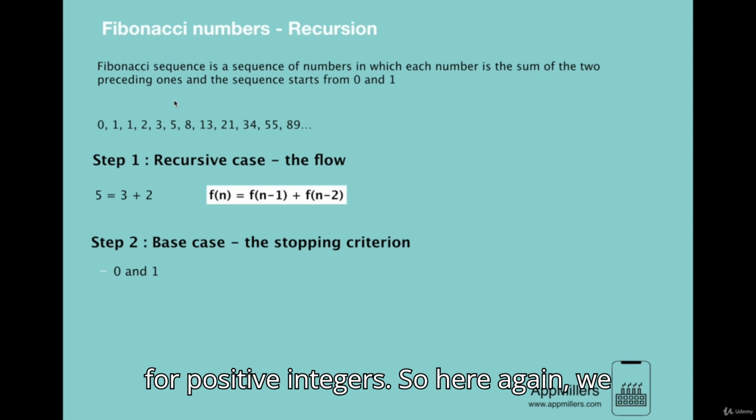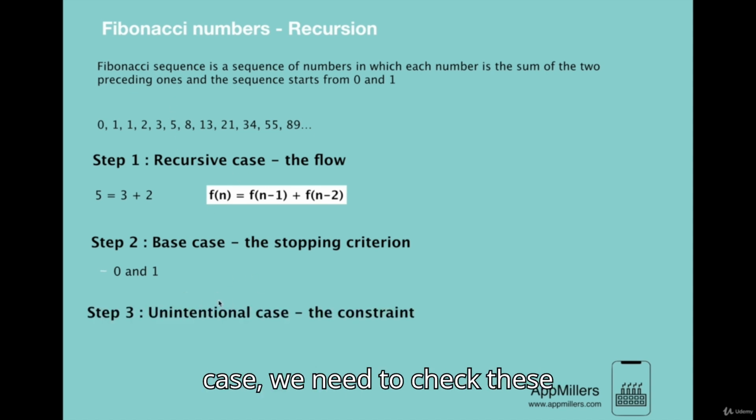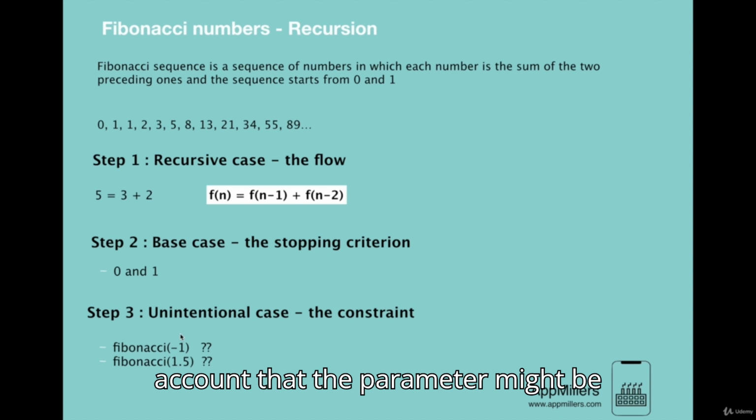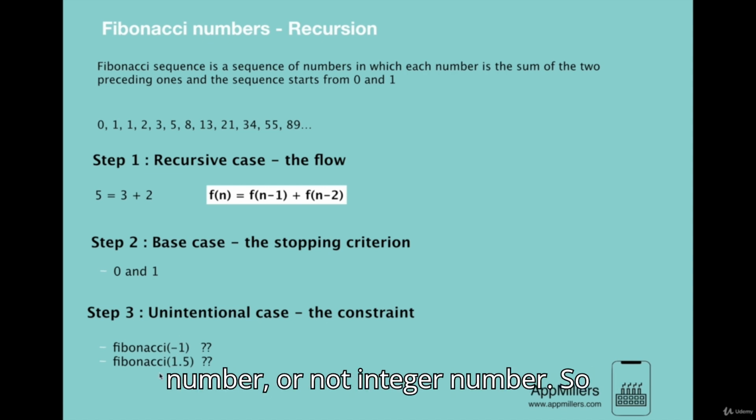So again, we need to take into account that the number is not negative and has to be an integer. As an unintentional case, we need to check these cases, because we didn't take into account that the parameter might be a negative number or a non-integer number.